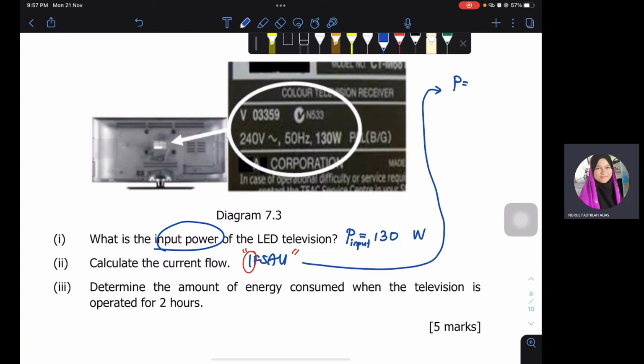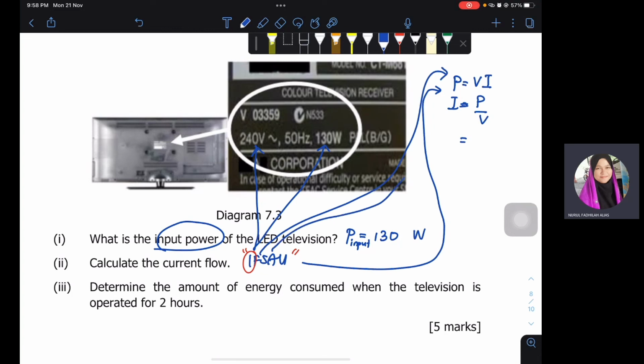P equals to V times I. So, kita nak I equals to P over V. Okay. P is given. Info. P tu. V tu. Ni. Info. Jadi, sekarang kita tulis formula. Dapat.